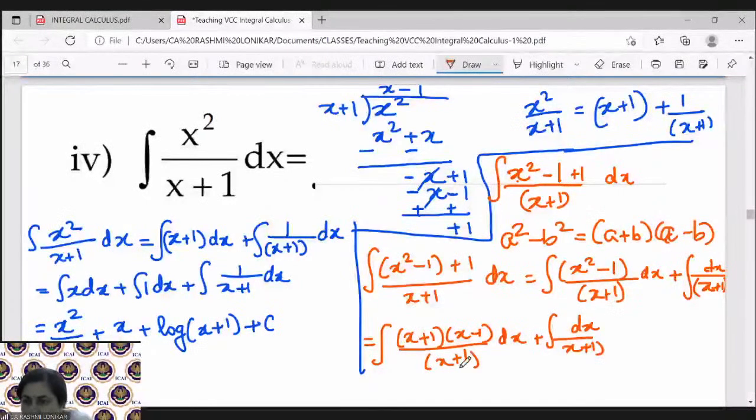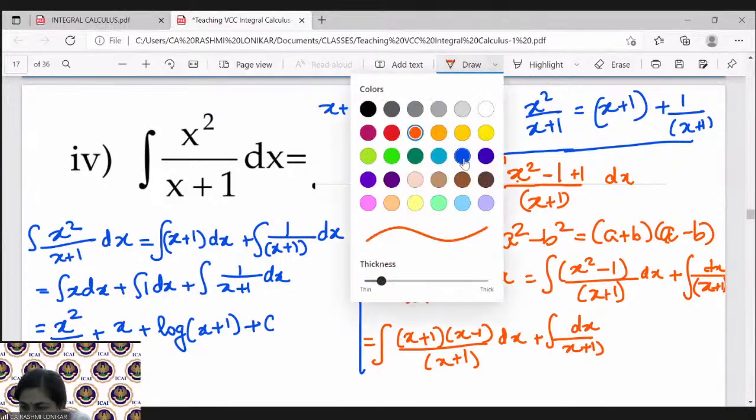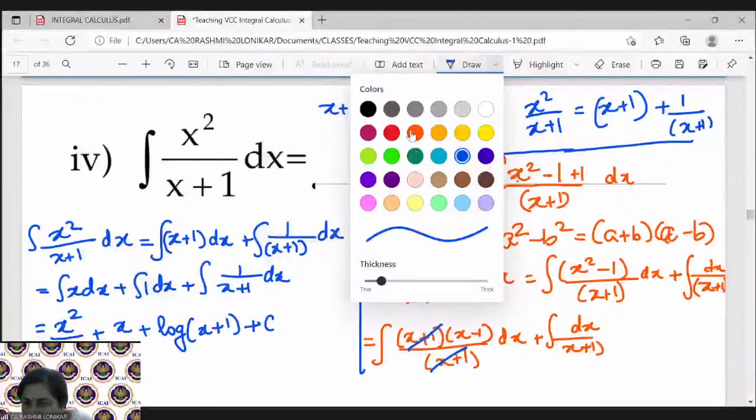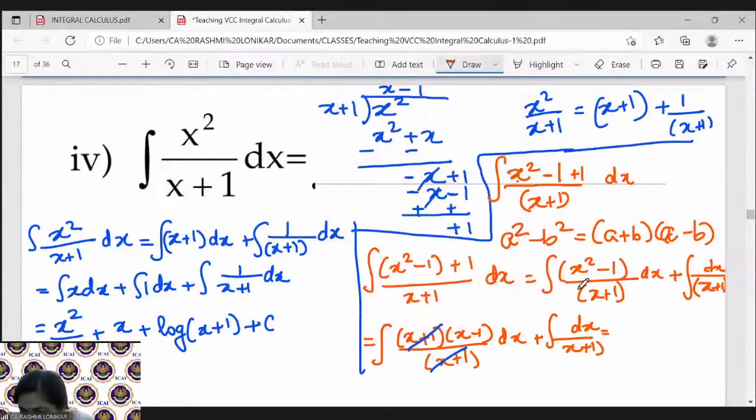Now this x plus 1 will cancel with this x plus 1, right? So what am I left with? I am left with integral of x minus 1 dx plus integral of dx upon x plus 1. Now what is integral of x minus 1?